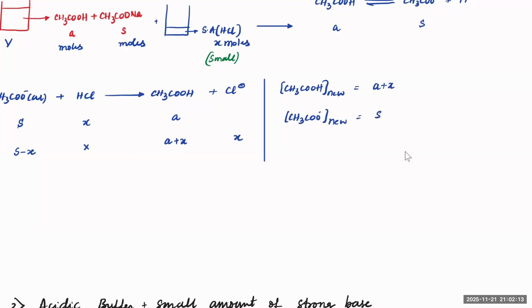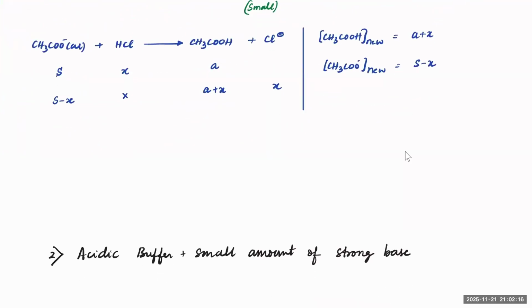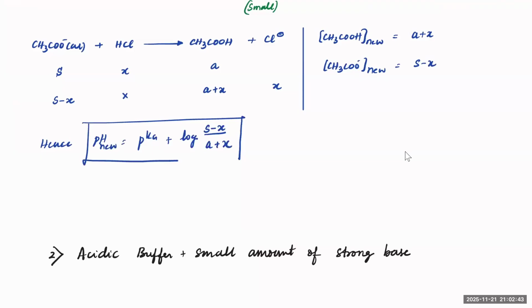That will be S minus X. Hence the new pH will be equal to pKa plus log of salt by acid concentration, which is S minus X by A plus X. So this will be the new formula, right?